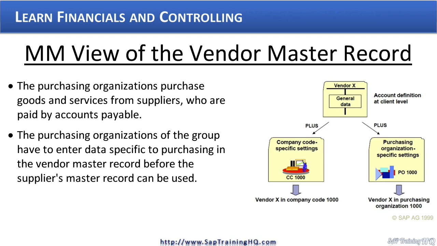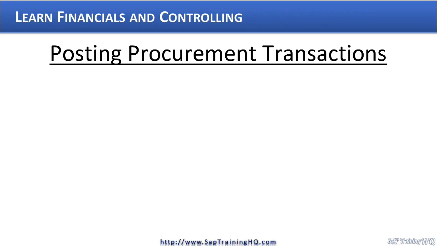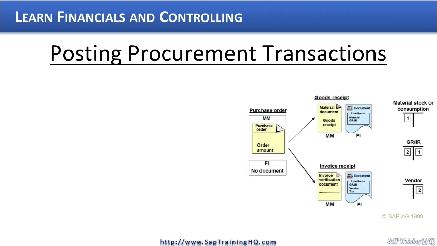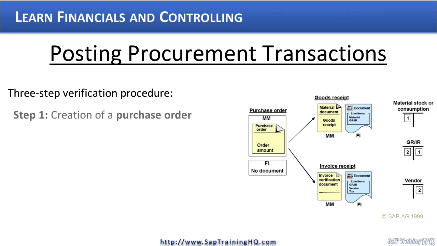Let's now take a look at posting procurement transactions in financial accounting. The standard procedure for posting procurement transactions in financial accounting comprises a three-step verification procedure. Step 1 involves creating a purchase order. This transaction is completed in Materials Management and no postings are made into financial accounting.